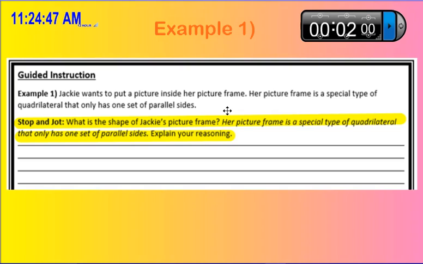I want you to draw a picture. Right, instead of writing in these lines, I want you to draw a picture of what you think her picture frame looks like. Her picture frame must be what we learned about yesterday, which is a trapezoid, right?